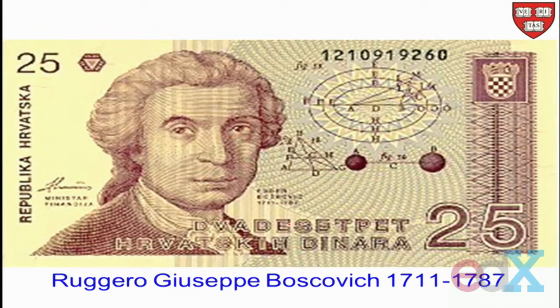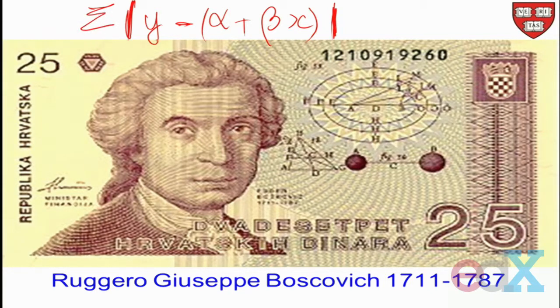So he said, okay, here's a line, and I'm going to give you the alpha and the beta, and you're going to predict your y's with that. And I'm going to do it in such a way that you take the absolute value of y minus alpha minus beta x and take that sum over all points j, j equals 1 to n. And I'll tell you how to calculate alpha and beta.